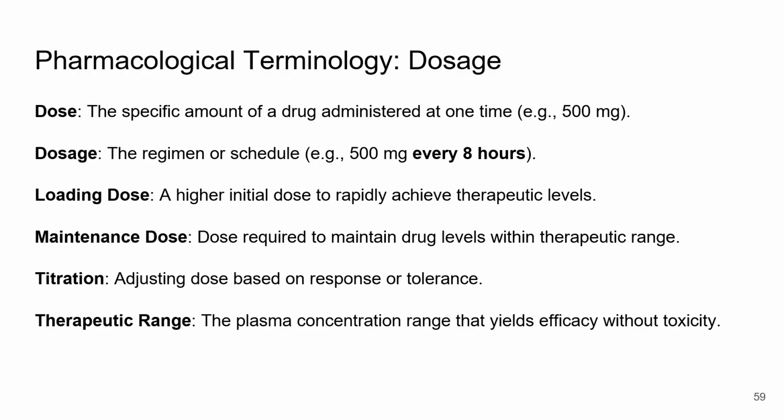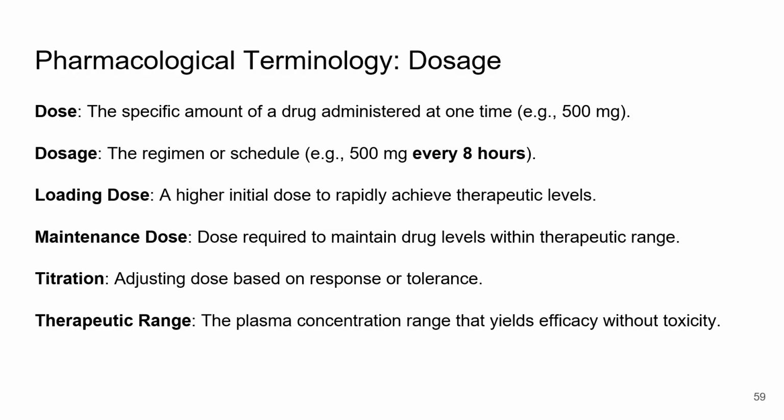Dosage refers to the overall schedule, meaning how much and how often the drug is given, such as 500 milligrams every 8 hours. A loading dose is an intentionally higher initial dose used to quickly get the drug into the therapeutic range. This is helpful when waiting for a steady level of the medication would take too long.